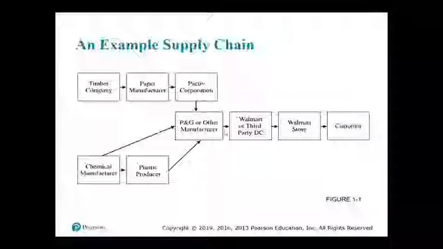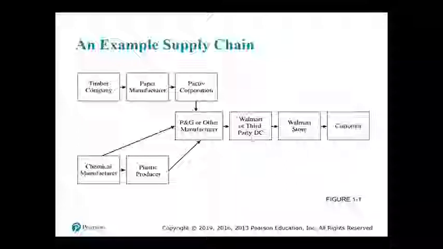And P&G and these manufacturers may again source the components of these detergents from different suppliers. It may source the chemical part from a chemical company, and it may source the packaging materials from a packaging supplier.